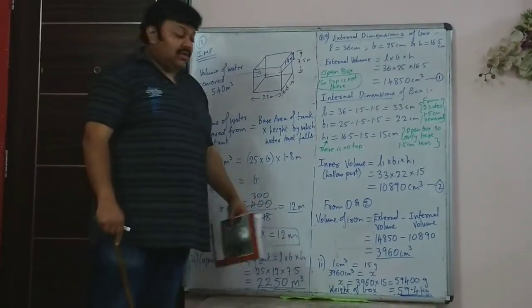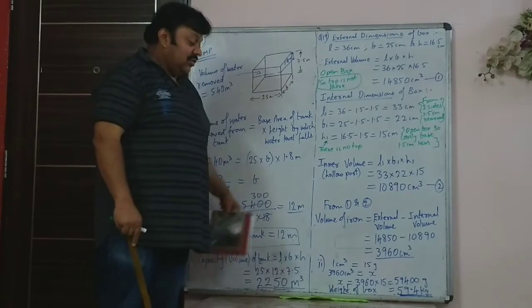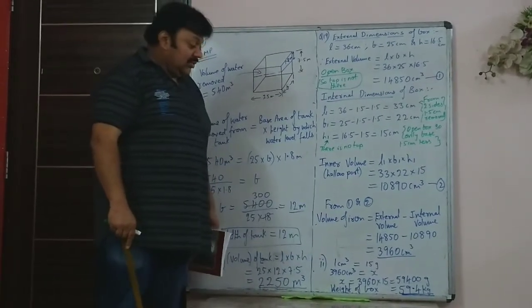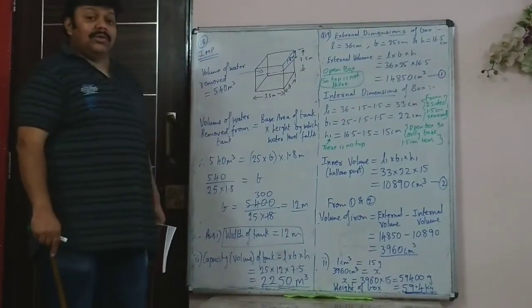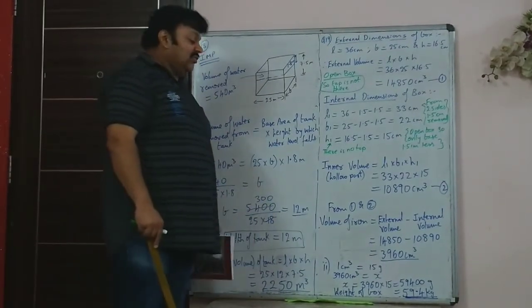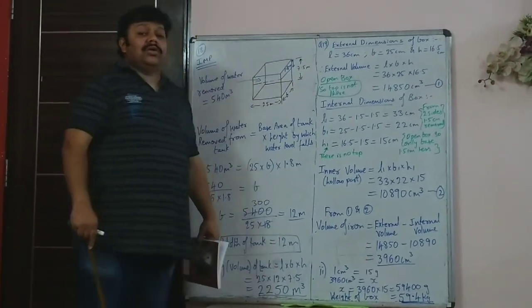Converted into kg, you divide it by 1000, so it would be 59.4 kg. That box is a heavy box which weighs 59.4 kg.